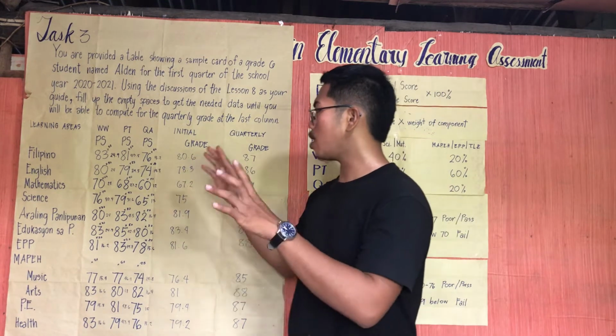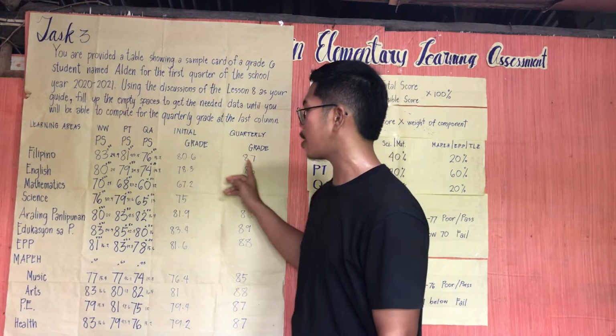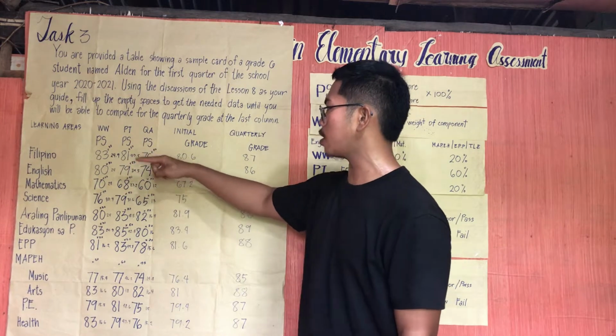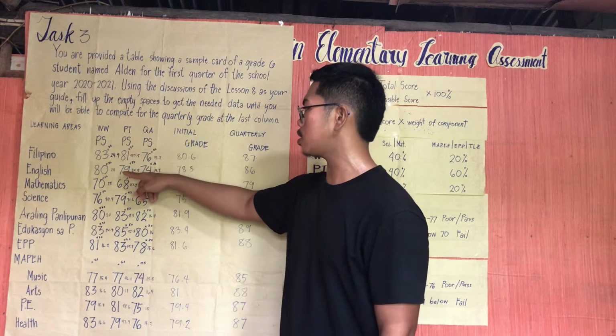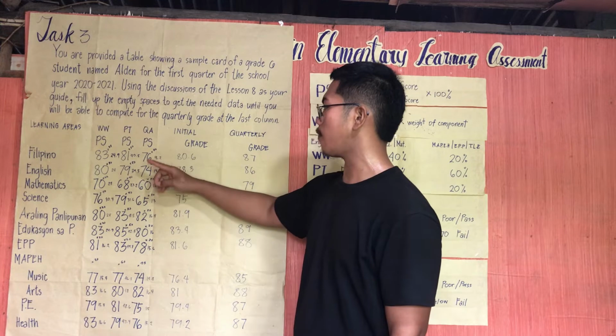Okay? So we will also find out the quarterly grade, the transmutation grade, for English. We are given the percentage score of written works, 80, performance task, 79, and quarterly assessment, 74.